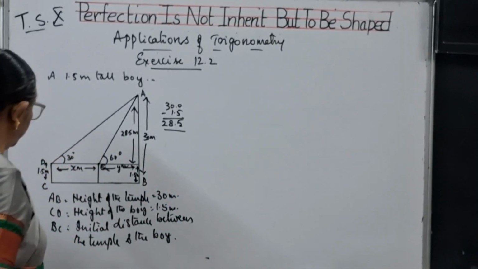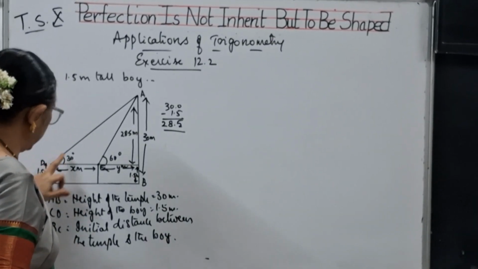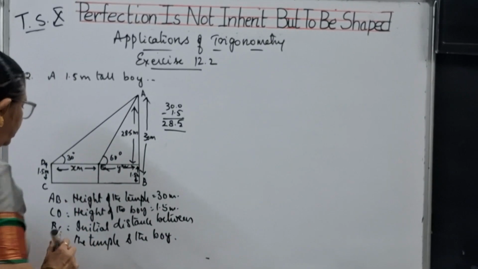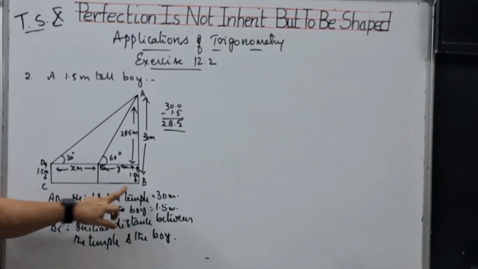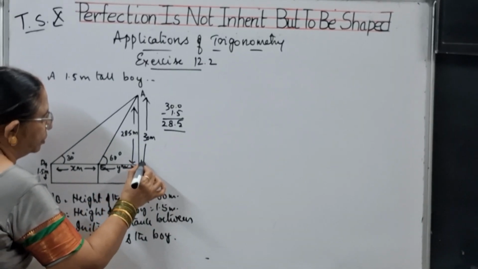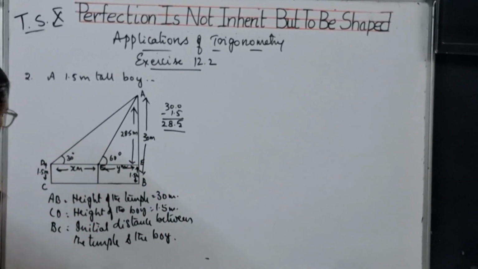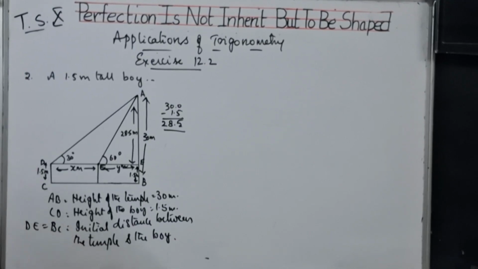And the angle of elevation from D to A, because D is the place where his eye is present. BC is the initial distance. Let me mark a point E. BC is nothing but DE. DE is equal to BC, the initial distance between the temple and the boy.